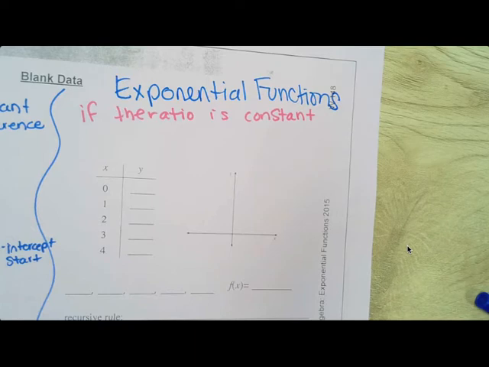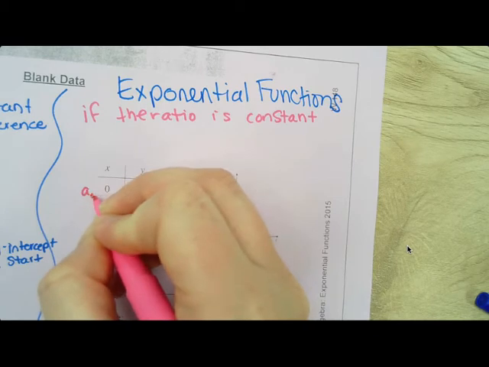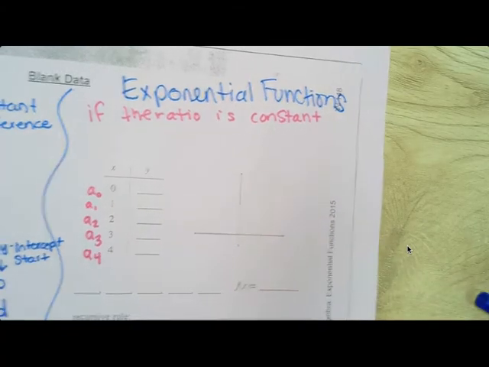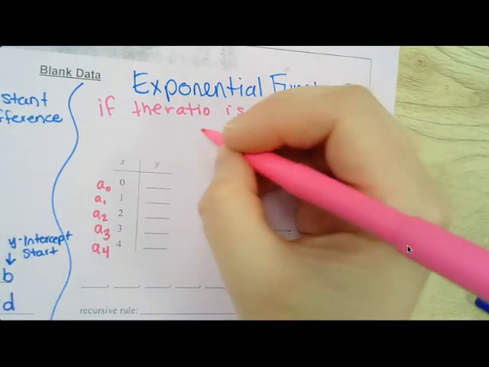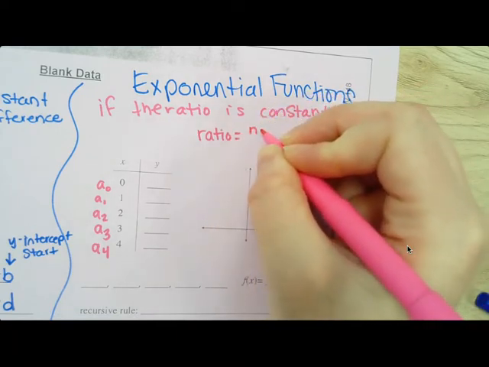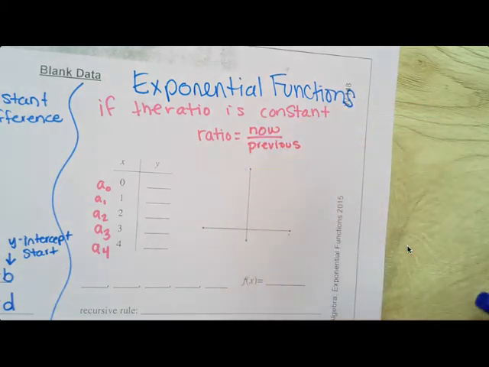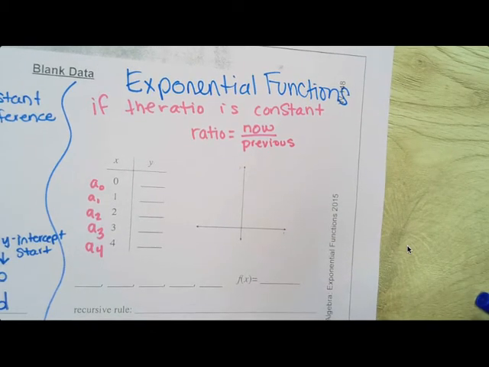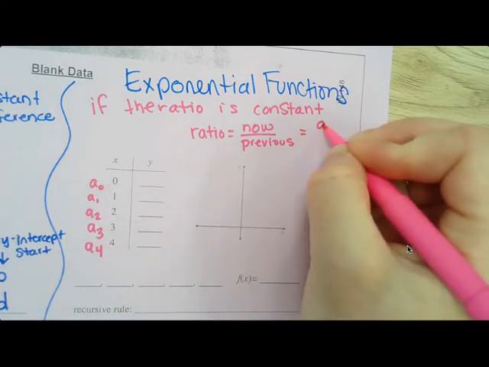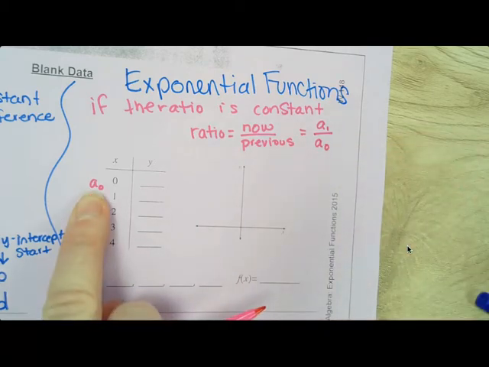So ratio is like a division problem. So it's like saying this is A0, this is A1, A2, A3, and A4. The way you find that ratio is by dividing whatever you have now by your previous. So an example would be A sub 1 divided by A sub 0, what I have now divided by the previous.